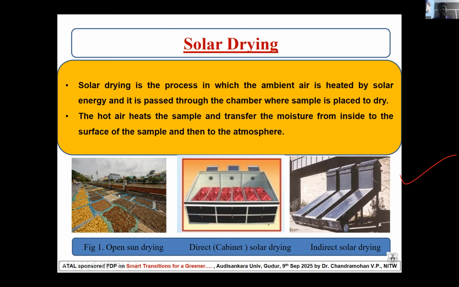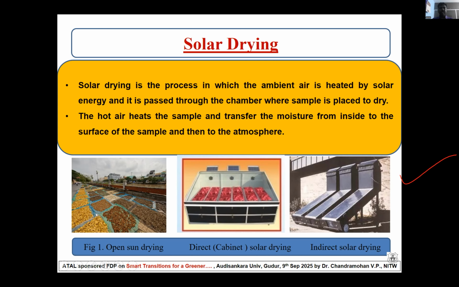The natural color of the product will vanish or be destroyed in open sun drying. The reason is these products are directly exposed to sunlight. If the product is directly exposed to sunlight, then color degradation will be there. So this is one of the problems.